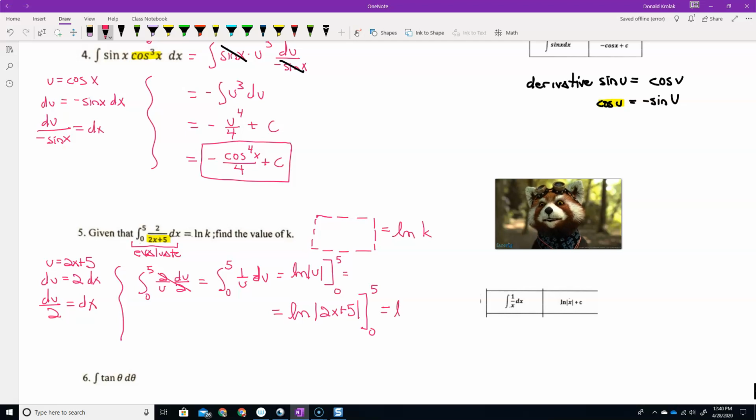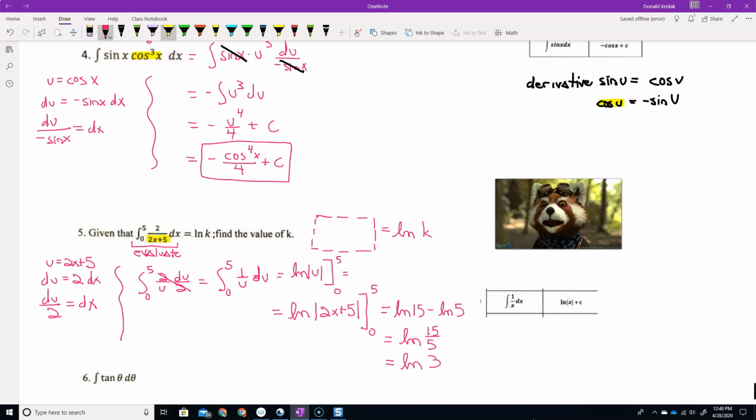So that would give me the natural log of 2 times 5, 10, plus 5, 15, minus the natural log of 2 times 0, 0, plus 5, 5. And if you remember your natural log rules, this is the same as the quotient 15 over 5, which equals the natural log of 3.